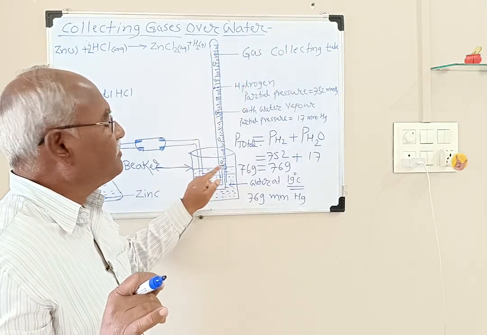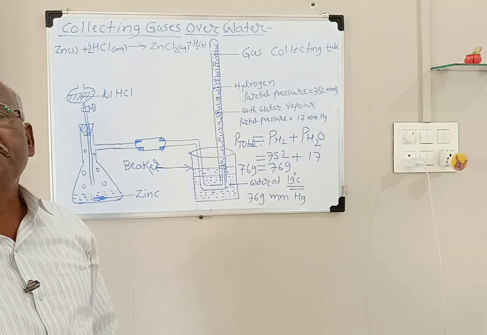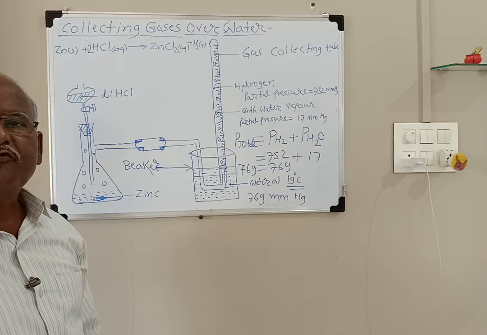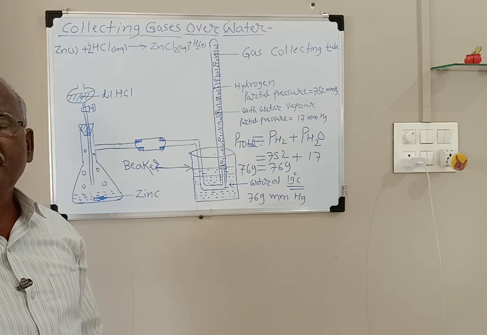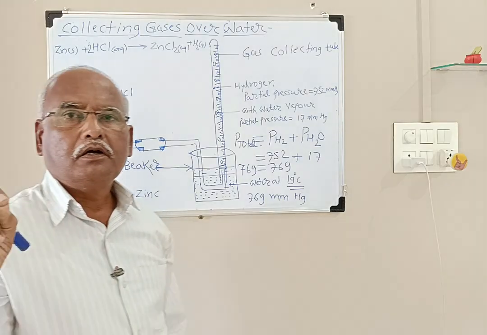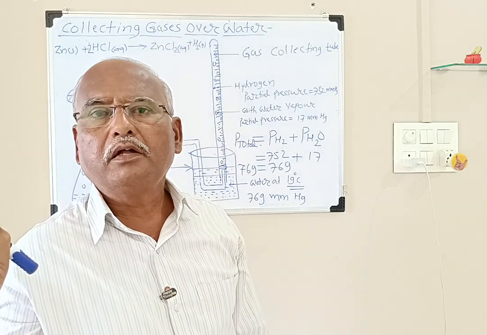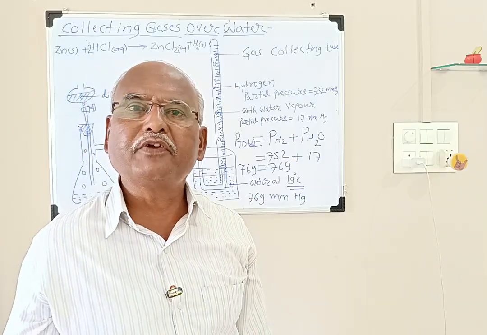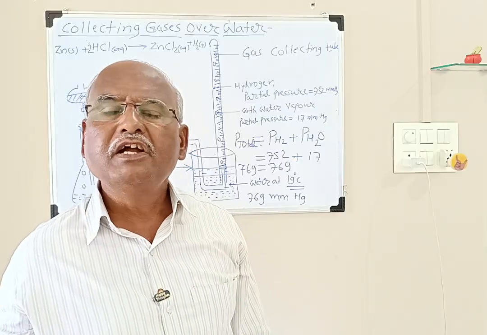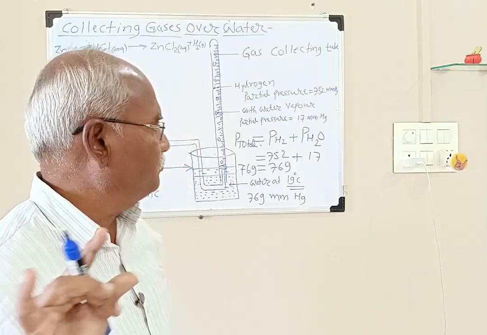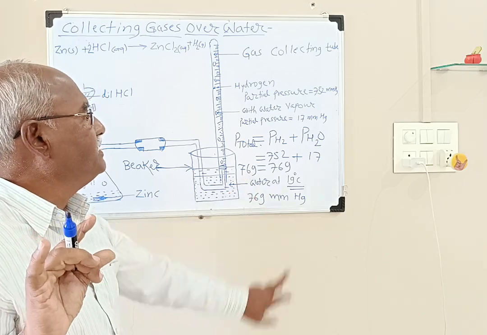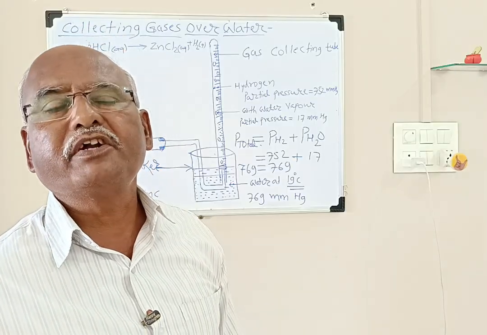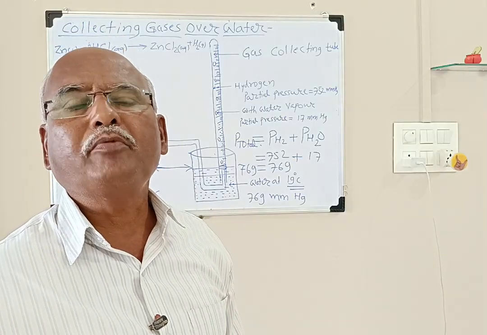At this condition, the atmospheric pressure of the gas is recorded. The barometric pressure is found to be 769 mmHg. The barometric pressure is measured by using a barometer.